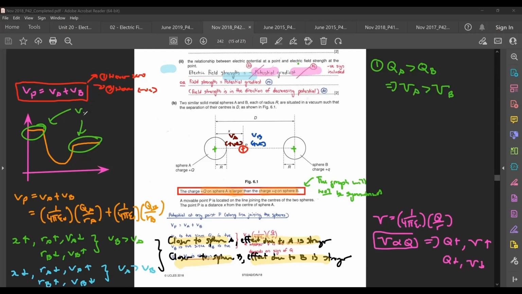It's because VA is more than VB. Okay, so that one covers the part why the first constant potential line is higher than the other.